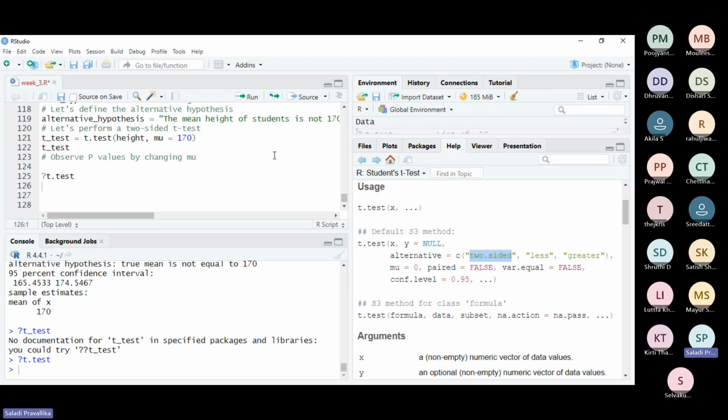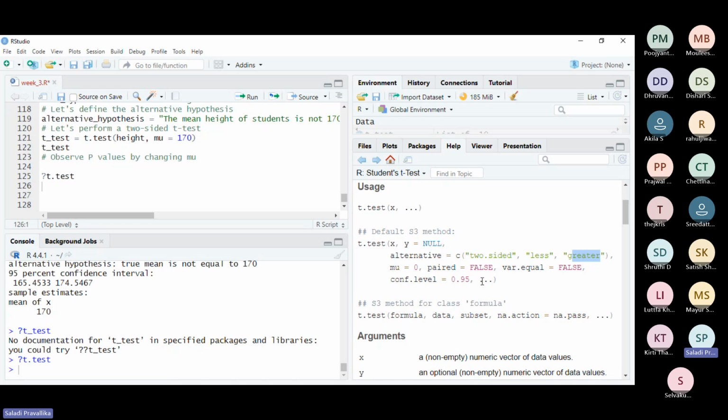If this is my Gaussian distribution, it will check on this side and this side. And if I'm saying it is on one side, then for one particular value, it will check only on the one side. So that is the two-sided test and one-sided test. One-sided means lesser or greater. You can try that one out as well.